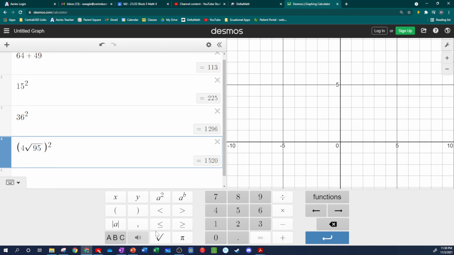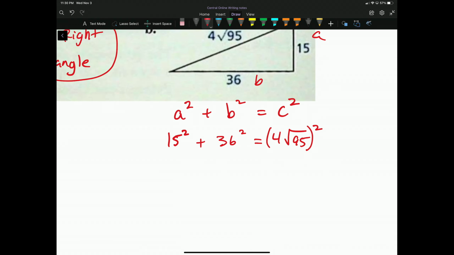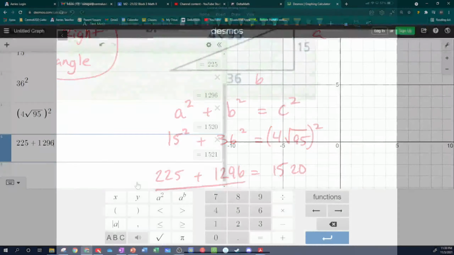So let's take a look at this. I'm going to write these down now. So we said that 15 squared is going to be 225. We said 36 squared is going to be 1,296. And then we said 4 times the square root of 95, squared, is going to be 1,520. Now we combine like terms. We're going to add those two together. So we'll get 225 plus 1296. Let's go and switch back.